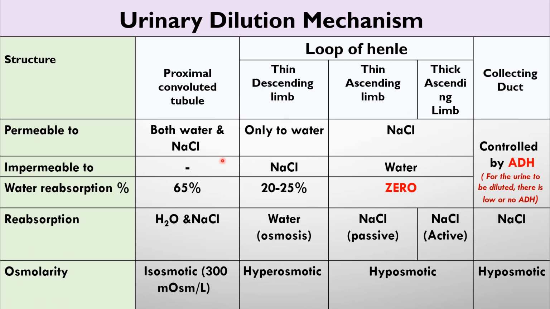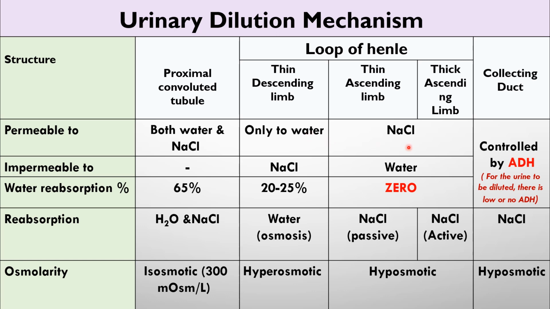Urinary dilution mechanism. The proximal convoluted tubule is permeable to both water and sodium chloride, so iso-osmolarity is maintained. As it reaches the thin descending limb, it is permeable only to water, so it becomes hyperosmotic.